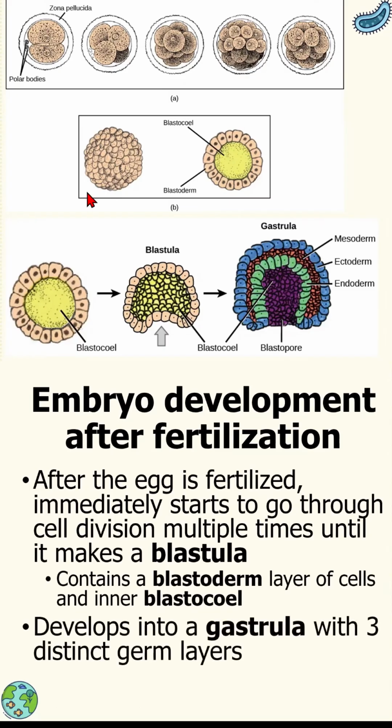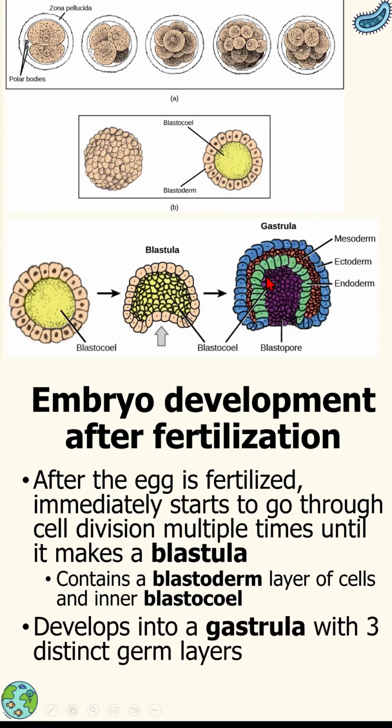All right, and then this is going to continue to develop. So as you can see, here is our blastula, and it's going to continue to develop, but now it's going to have a little bit of shape. As you can see, one side is going to cave in, and then eventually we're going to get this structure here, which is called the gastrula.